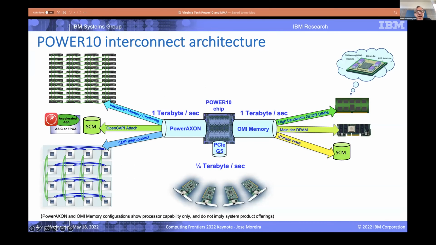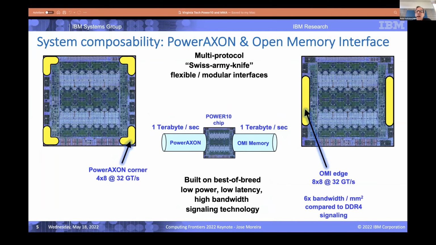A terabyte per second of bandwidth to memory, as well as to the fabric between the chips, right? The SMP fabric, and it can be used not only to build an SMP, but to build a system with a tremendous amount of addressable memory, up into the petabytes actually, as well as for accelerator attach.